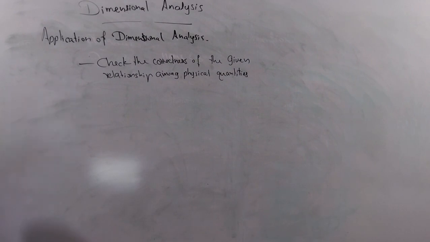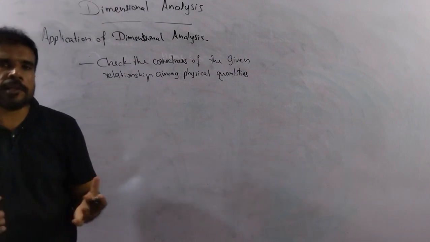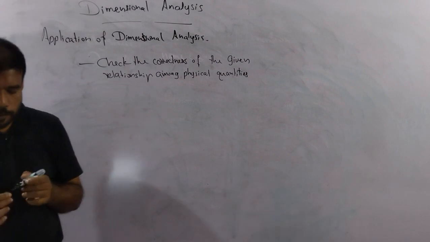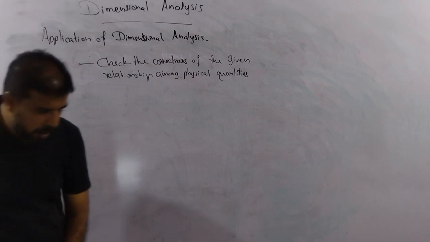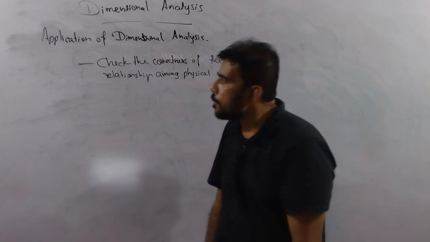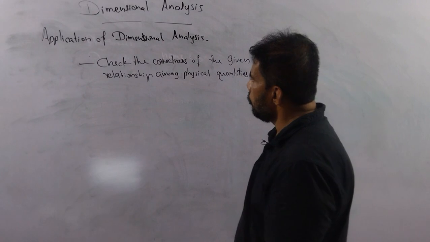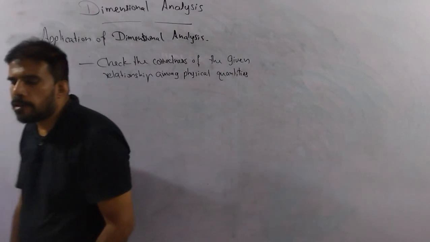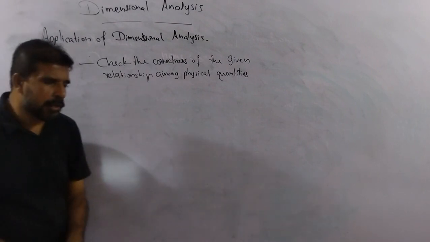All our physics studies are with relationships and equations, or derivations of equations. So if any relationship is given, before going into further studies or further experimenting, we can check its correctness. One way of checking that correctness is dimensional analysis.